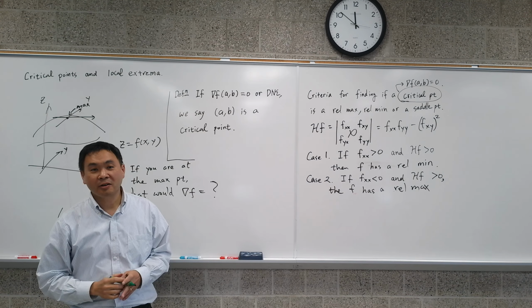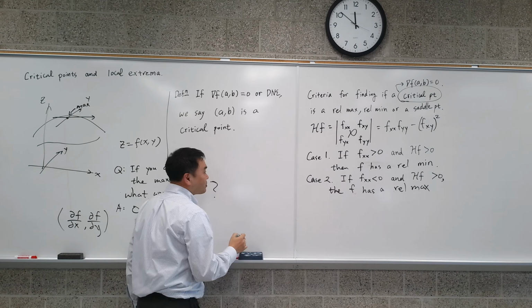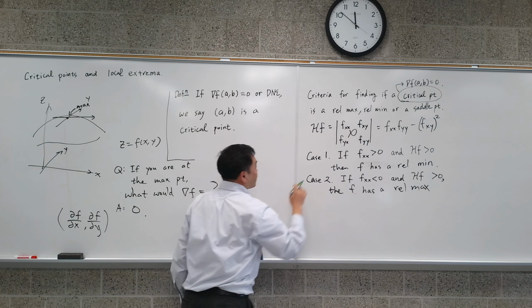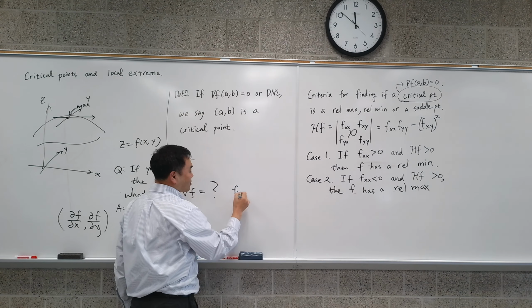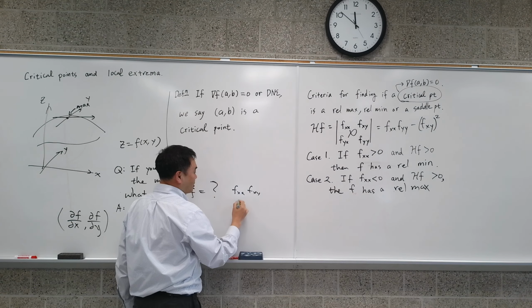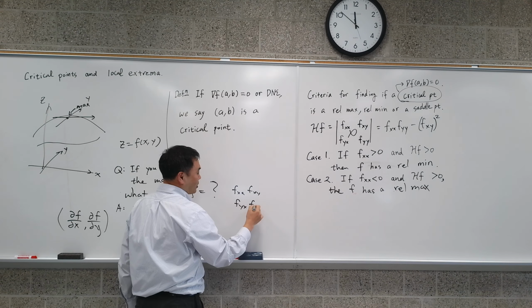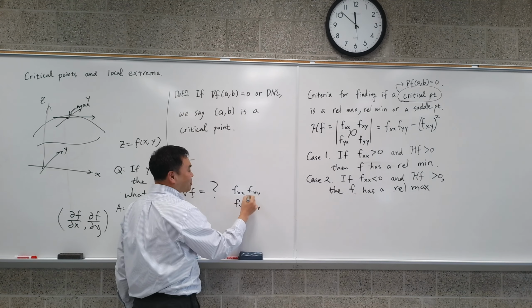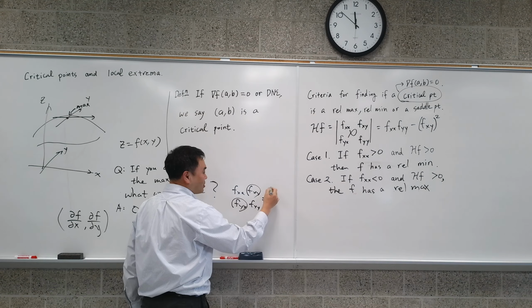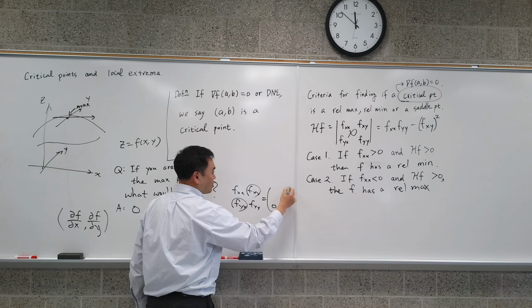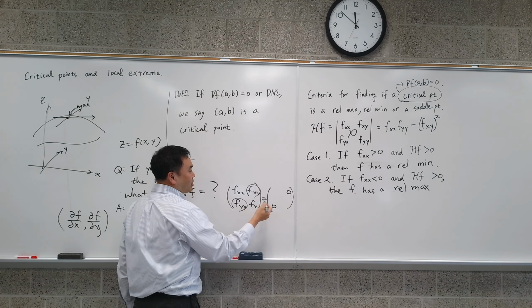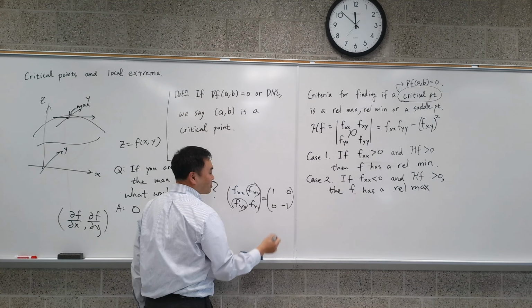Now, imagine the following. What if that matrix, fxx, fxy, fyx, fyy, has this off-diagonal part equal to zero, so it's really easy to think about? If you have 1 here and then negative 1 here, what does that mean?